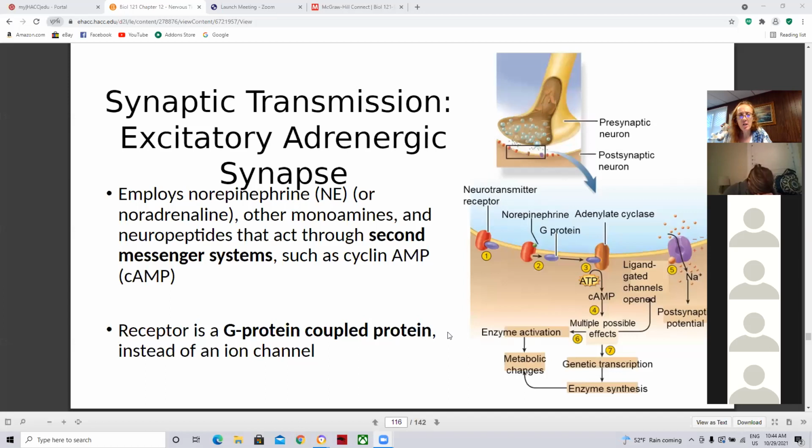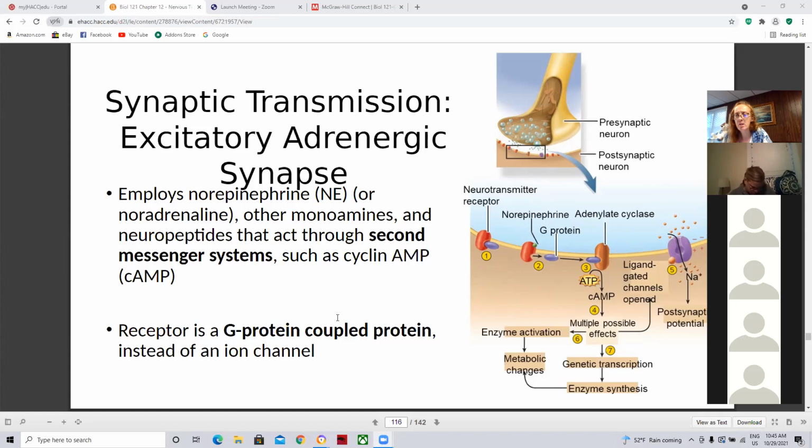So rather than opening an ion channel, like a ligand-gated channel, these are going to work through generating a signal transduction pathway. So the neurotransmitter binds to a receptor and it starts a signal transduction pathway that involves a second messenger system like cyclic AMP.